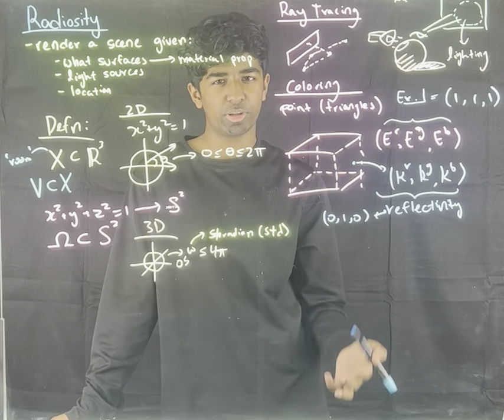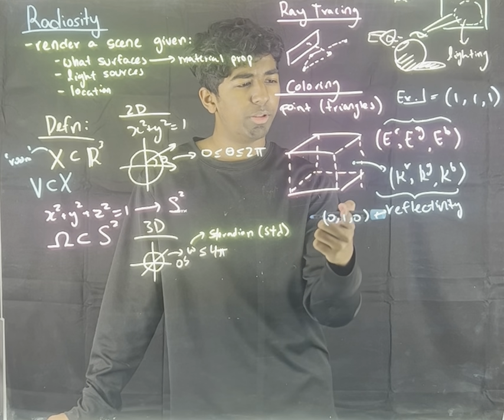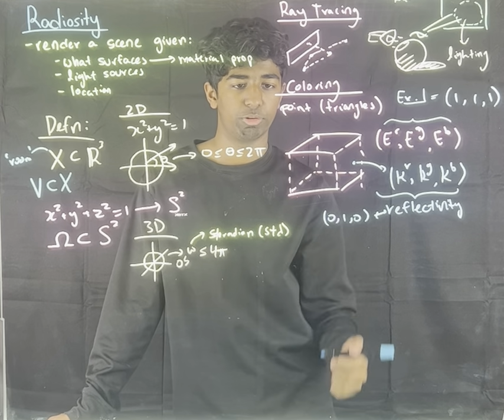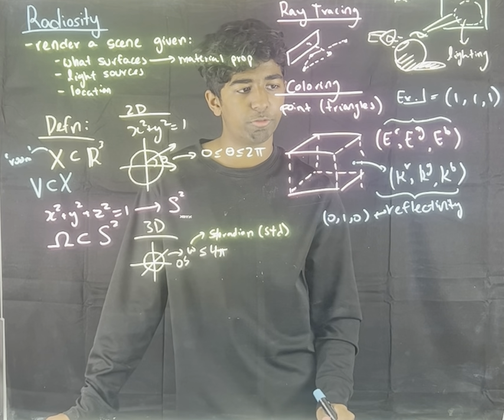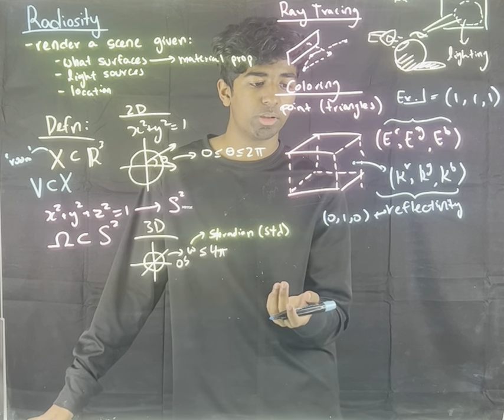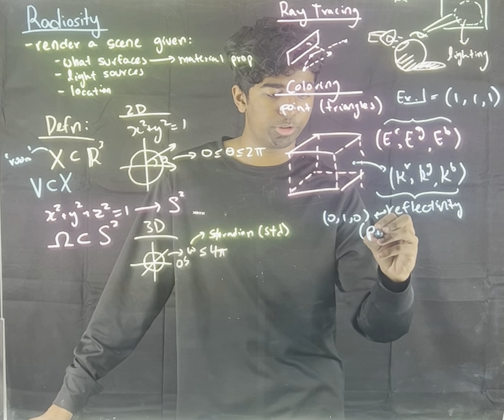Now, how does the point look in the scene? Well, it reflects all of the green light, and it reflects none of the red light and none of the blue light. And some color theory, it should be a combination of red and blue at the same intensity, so some sort of purple, right? So this point's going to look kind of purplish.